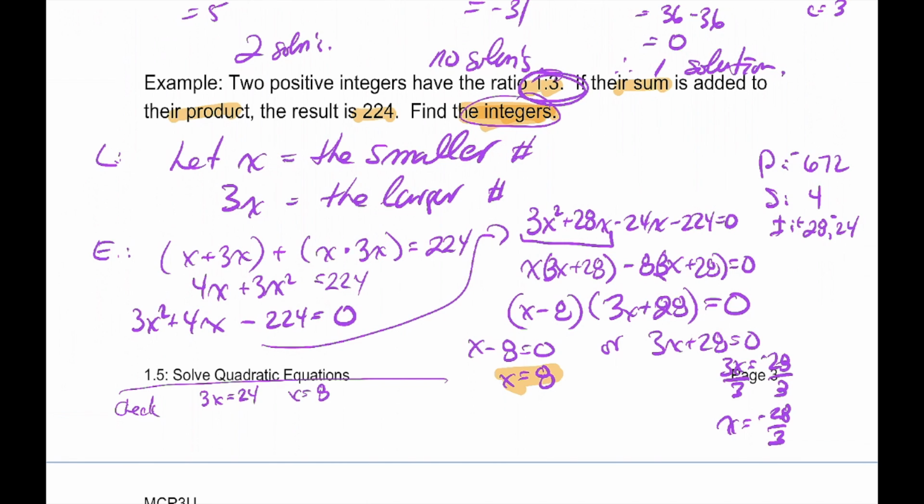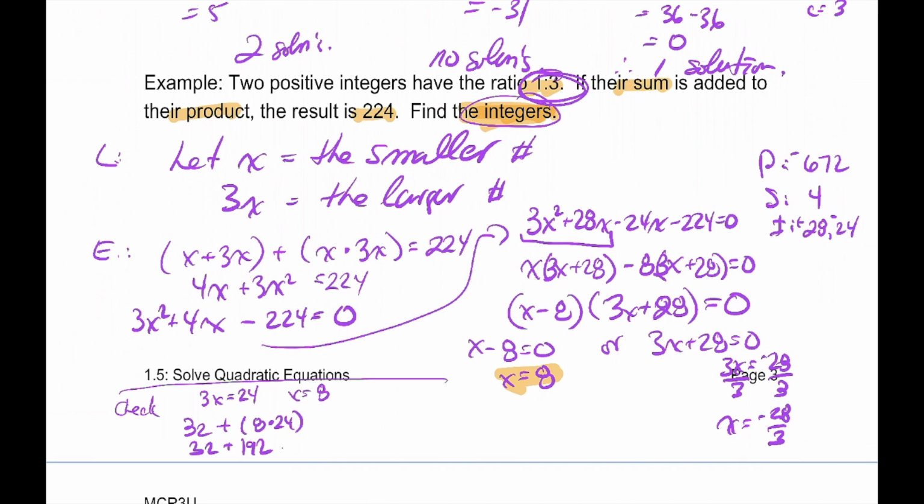So the sum, so it's going to be 24 plus 8 is 32, plus the product, 8 times 24, well, 32, 8 times 24 is 192.